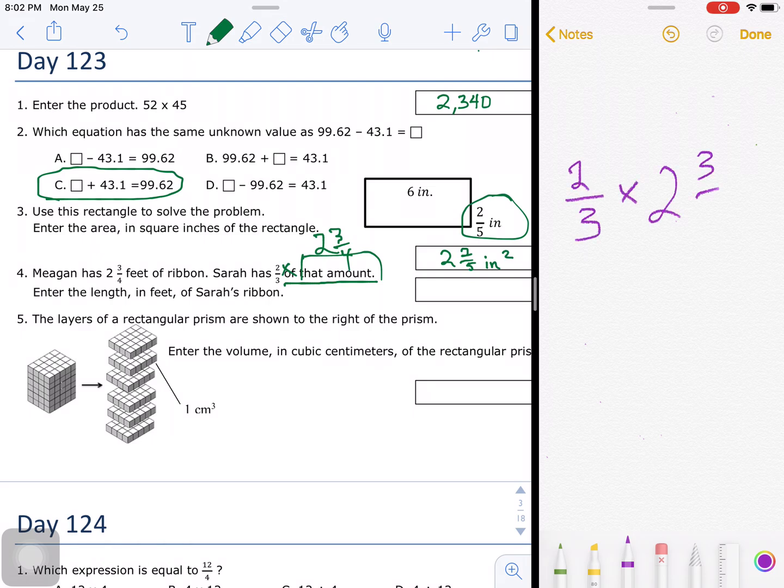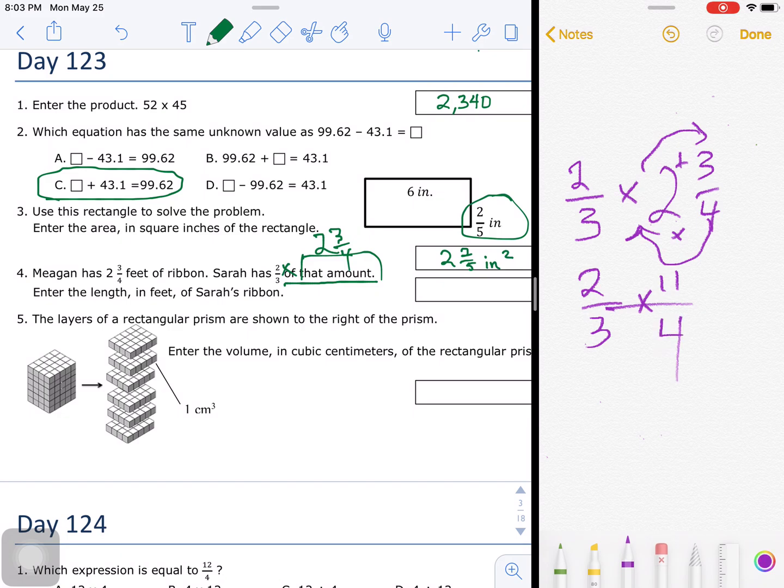2 3/4. We can convert 2 3/4 to an improper fraction of 11/4. 4 times 2 is 8, plus 3 is 11. So, can we do any cross-canceling? Whoops, I put the wrong denominator. It's 11/4.